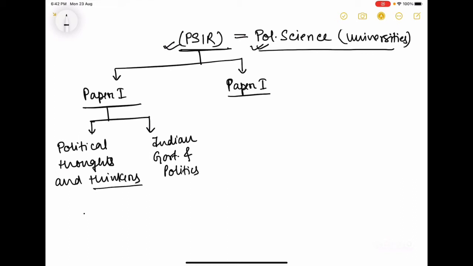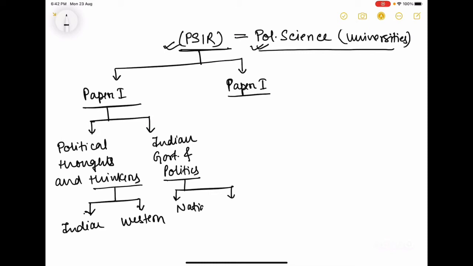These thinkers are further subdivided into Indian and Western, and the other part is further divided into national movement and Indian polity or constitution.